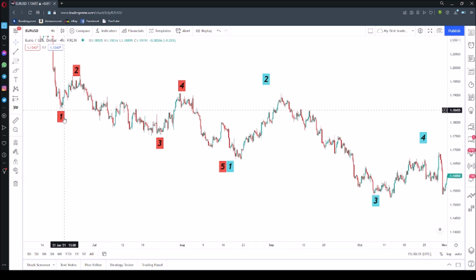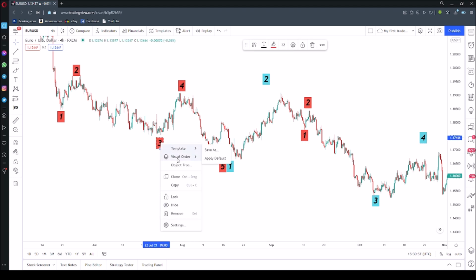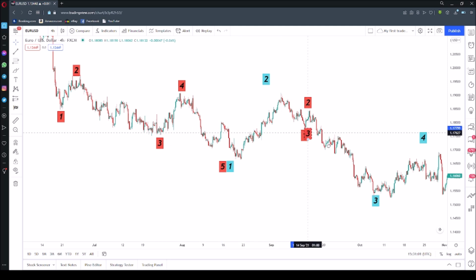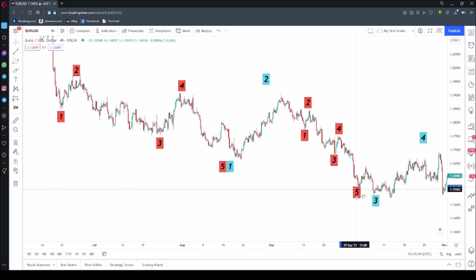So here we can see that we had the first wave from this highest part, first impulsive drop, then second wave, third wave, the fourth wave, and then the fifth will always coincide with the last wave on the daily time frame.